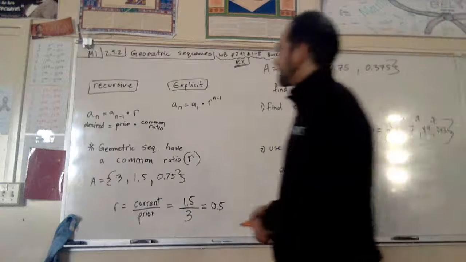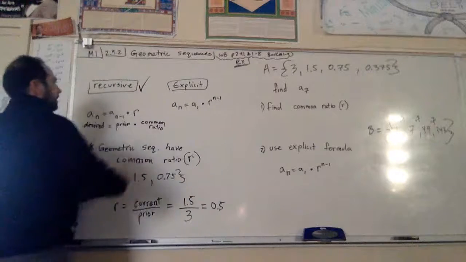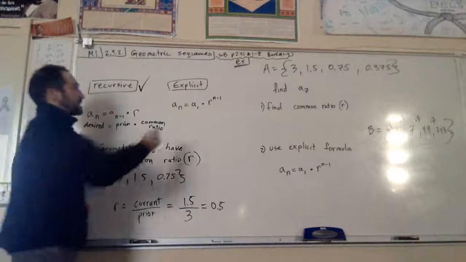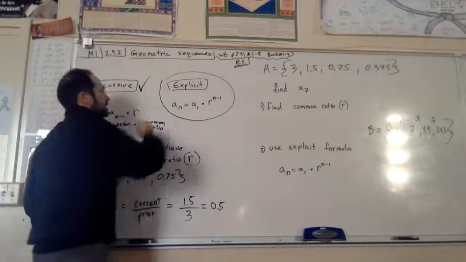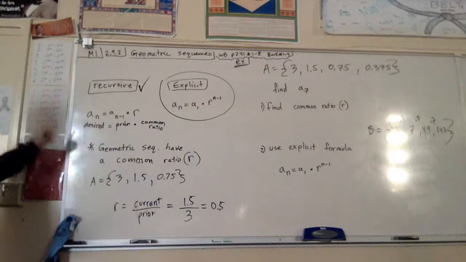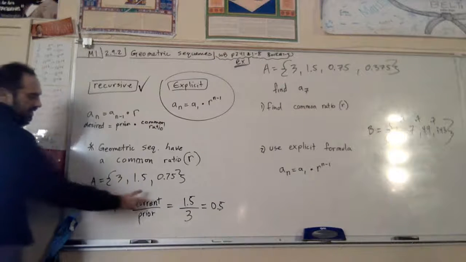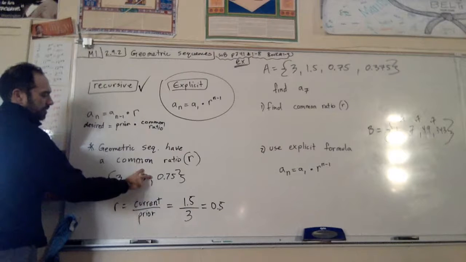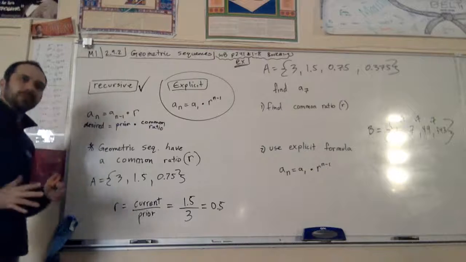We already know this. This is stuff we've done in the couple of lessons we've done with this. This one's a little bit new. So first we already looked at the common ratio. You find the common ratio by taking the current term, or the one you want, say 1.5, and dividing it by the prior, 3. Remember we did this a few times before?